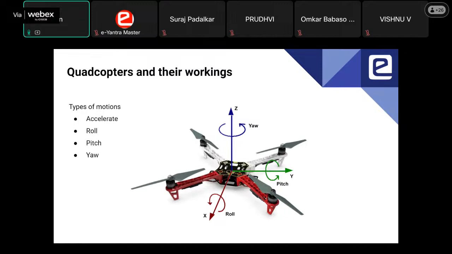So then we come to what kind of motions a quadcopter can have. In a quadcopter, we can say there are four independent degrees of motion.